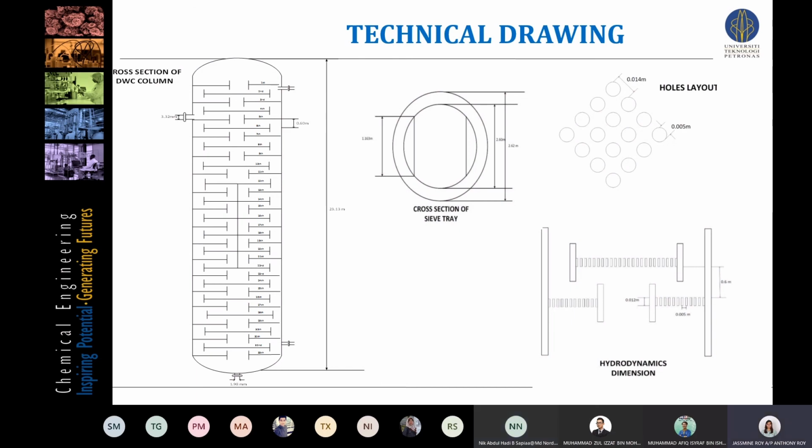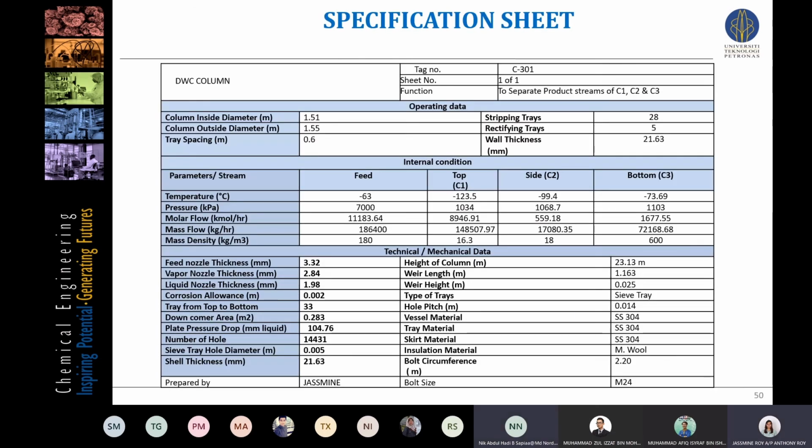There are 33 stages, from top to bottom. The temperature profile is not right. The bottom should be higher.